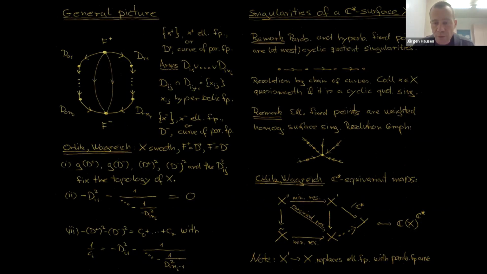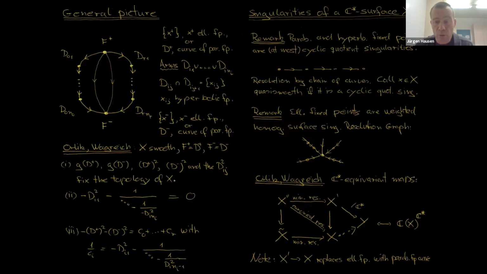And if we resolve the indeterminacies of this rational map in a minimal way, then we get a variety X prime dominating X, and from X prime we have an honest morphism onto Y. Then we take the minimal resolution of this X prime, that's our X double prime. This is what Orlik and Wagreich call the canonical resolution, and this will show up later as well.